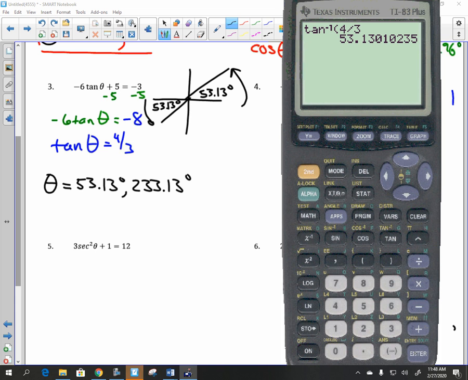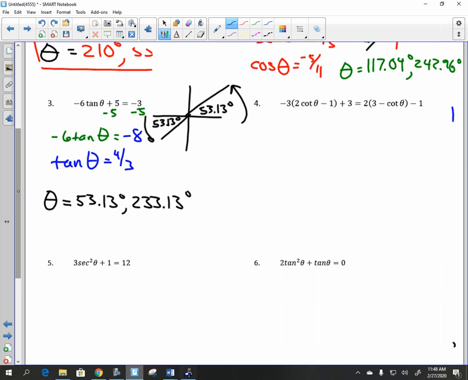What do you think? Well, it definitely gets a little bit more challenging. If I distribute the -3, -6 cotangent of theta, then what? +3 plus 3 is equal to 6, minus 2 cotangent of theta, minus 1.